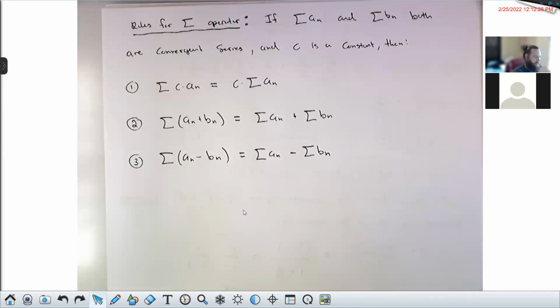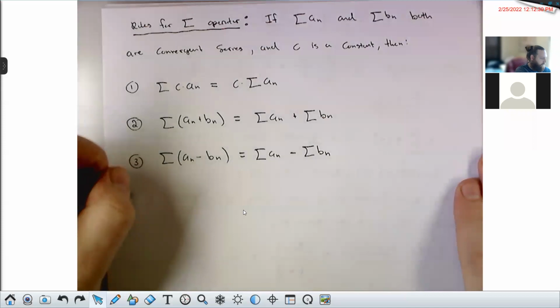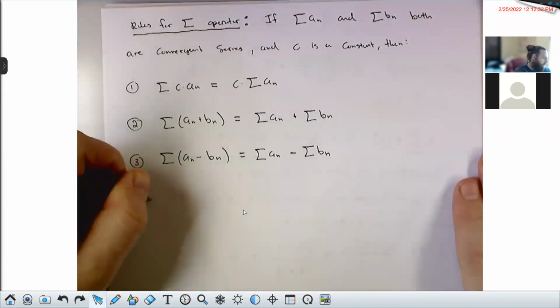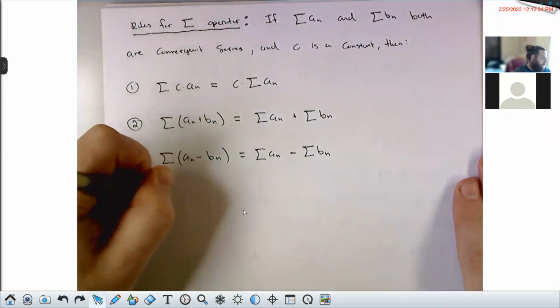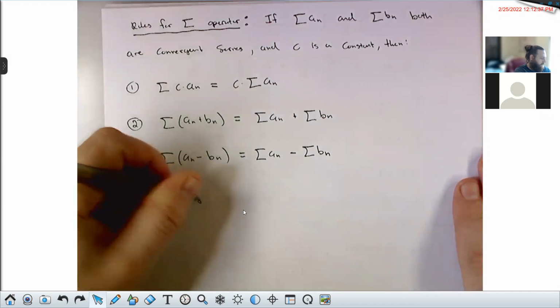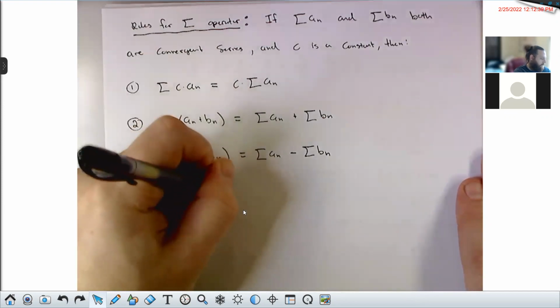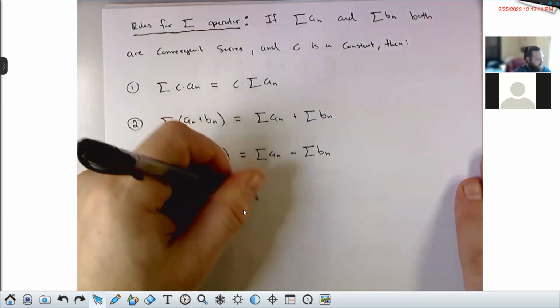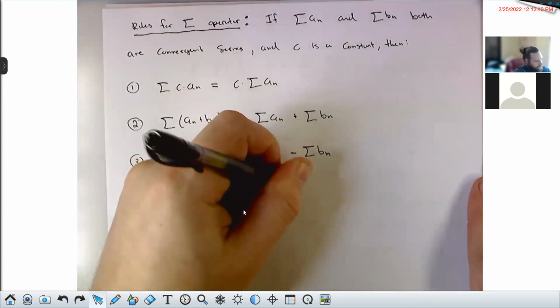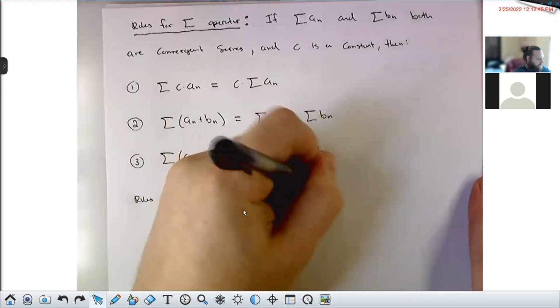So kind of in this same space, I want to discuss rules for adding and subtracting convergent and divergent series.